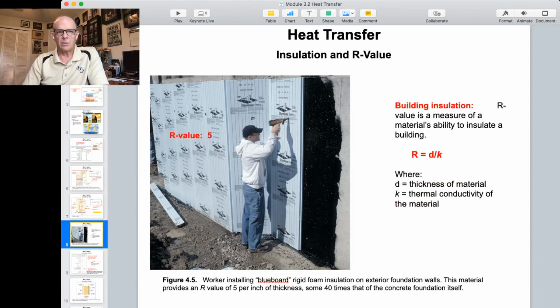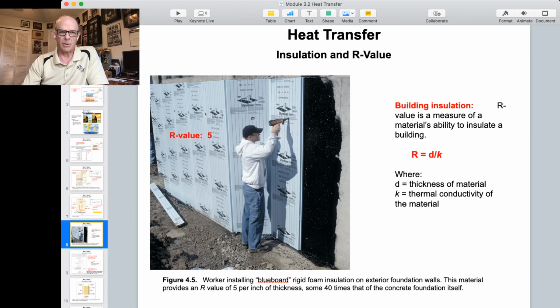When you're shopping for insulation, the usual quantity that is given is not the conductivity of a material, but something that is a measure of how good an insulator it is. And so that's inversely proportional to the conductivity. It's this value called an R value, and R is equal to D over K, where K is the conductivity.